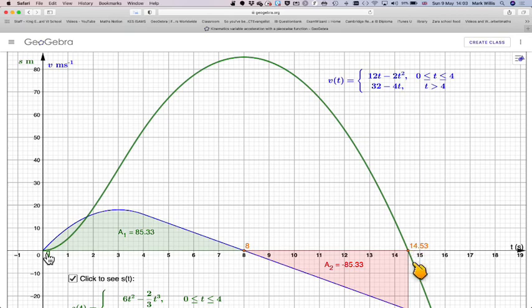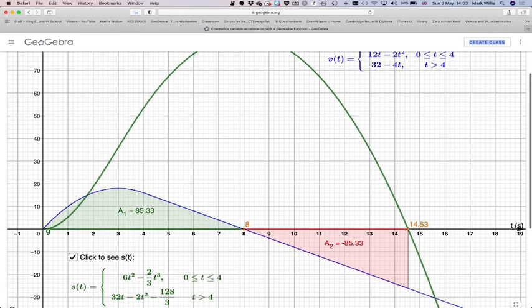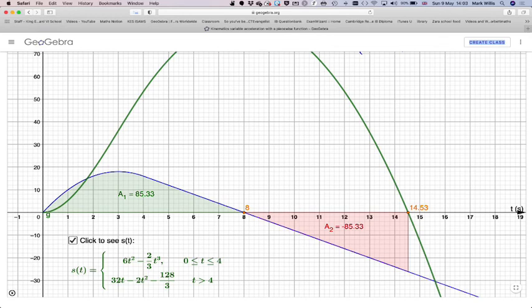After that, it will start to go backwards, down to this area here, moving along in the negative direction. Let's just raise this a little bit so we can see. There we go. We can actually see here the displacement function as a piecewise function as well.